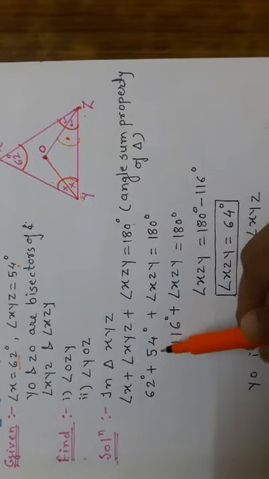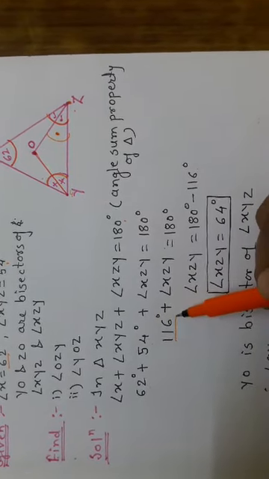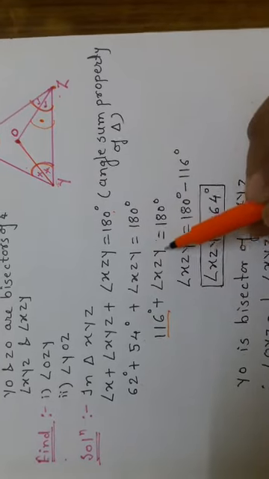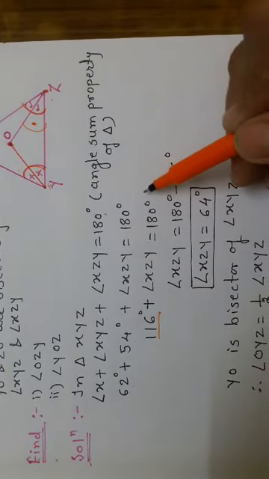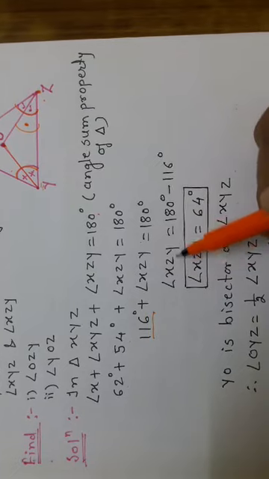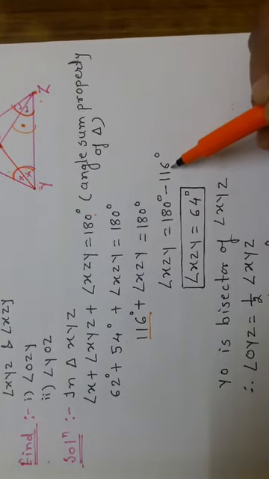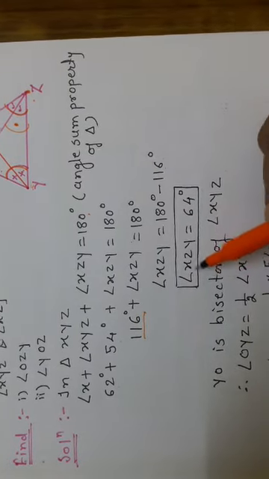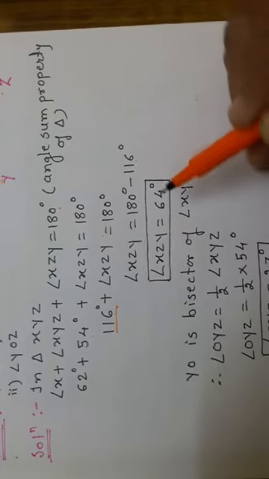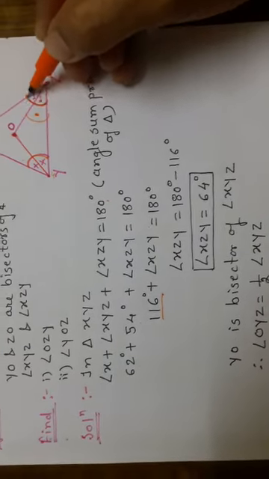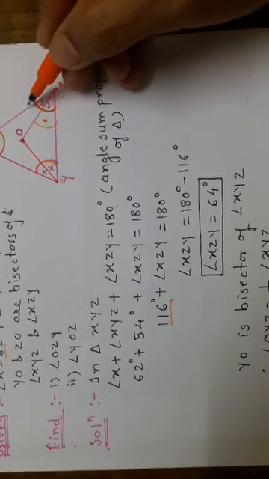So 62 plus 54 is nothing but 116 degrees plus XZY is equal to 180 degrees. We have to find angle XZY is equal to 180 degrees minus 116 degrees. So angle XZY is equal to 64 degrees. Now I got here 64 degrees.